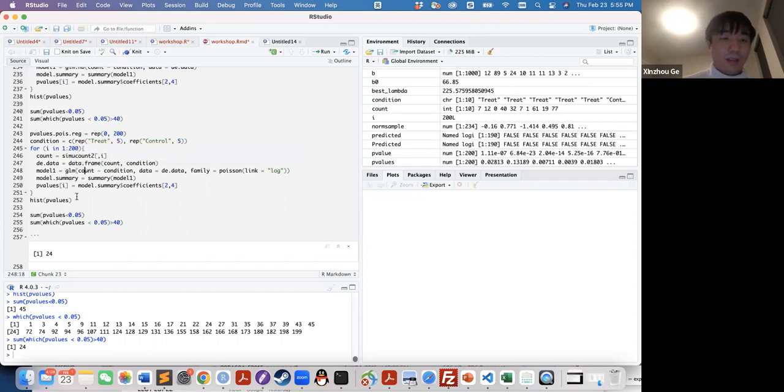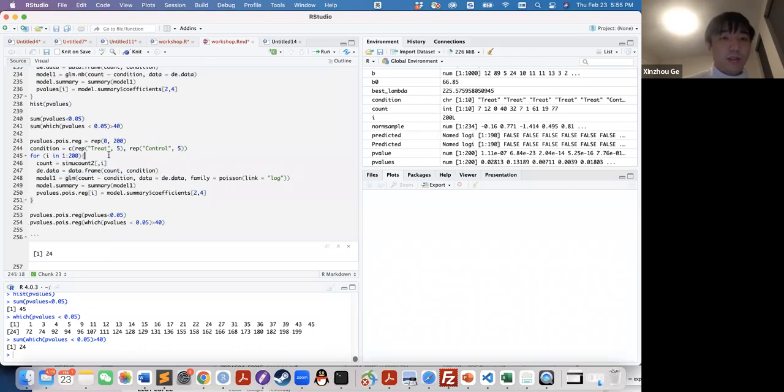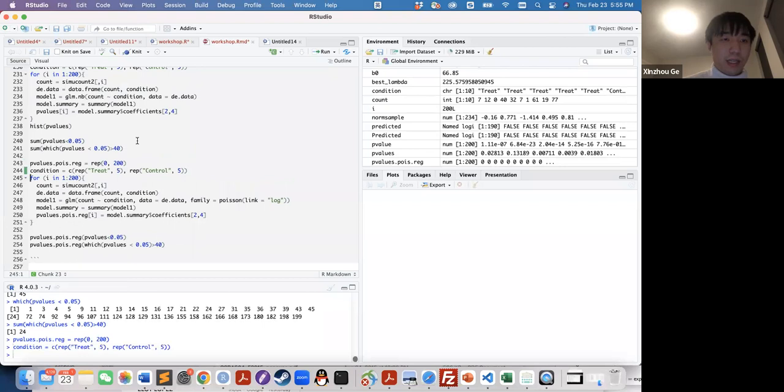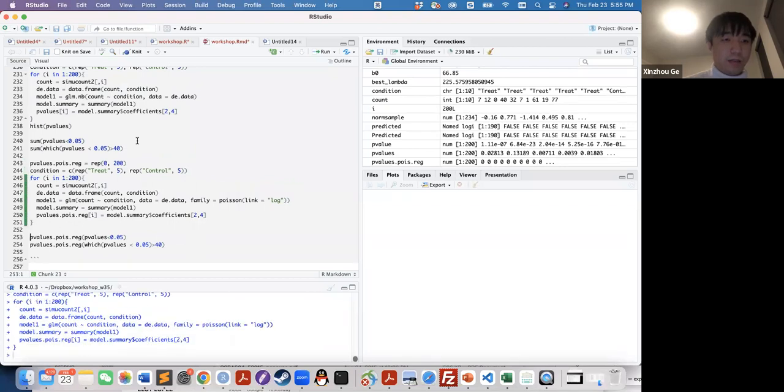And then we can repeat everything and we calculate the number of discoveries and the number of false discoveries. Okay, let's do this. So first generate the p-values and then calculate the number of p-values smaller than 0.05.